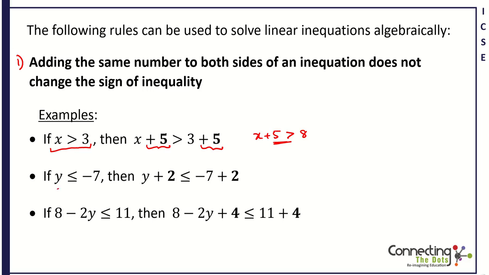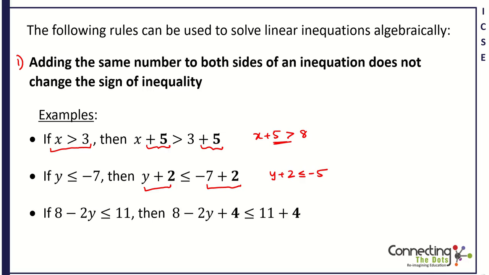Similarly, the second one is y is less than or equal to negative 7, and I'm adding 2 to both sides of the inequation, and that inequation becomes y plus 2 is less than or equal to negative 5. So you can add the same number to both sides of the inequation, and the inequality sign does not change.